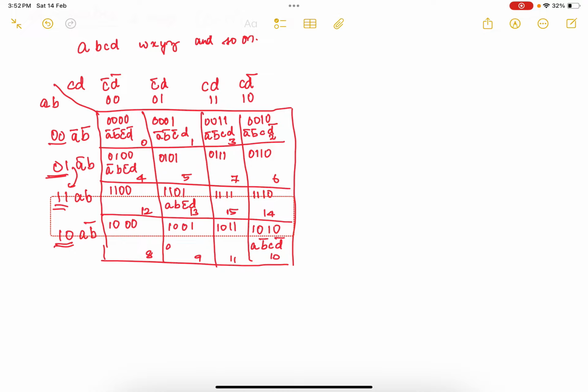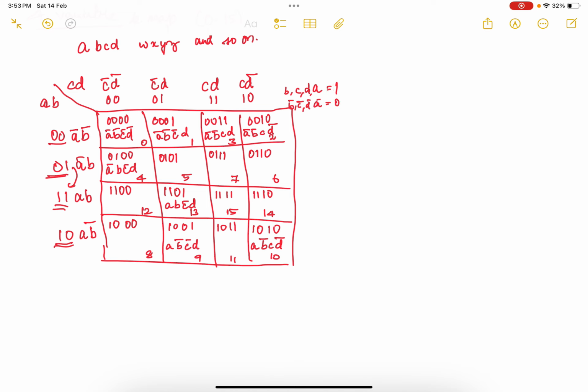So as per our requirement, wherever 1 is there, it should be represented as A, and wherever A bar is there, it should be represented as 0. Similarly, it is applicable for B, C, D also, and for B bar, C bar, D bar. Got it? So this way we will fill in the cells.